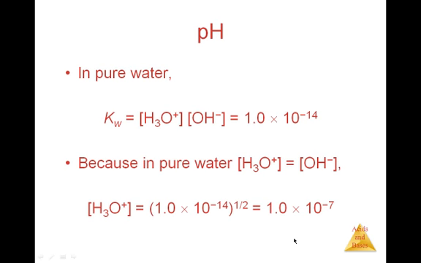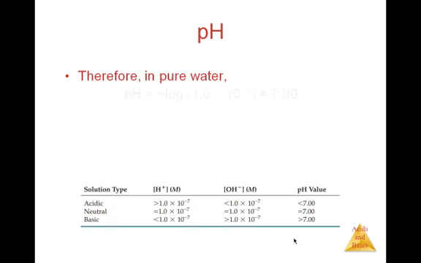And you get 1 times 10 to the negative 7th for hydronium. If you plug that in for the pH, that means that for pure water, you take the 1 times 10 to the negative 7 and stick it in for the negative log, pH is 7 at neutral water. So solutions that have a pH less than 7 are acidic, solutions that are at 7 are neutral, and solutions that are above 7 are basic.